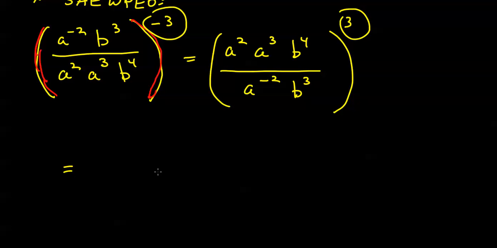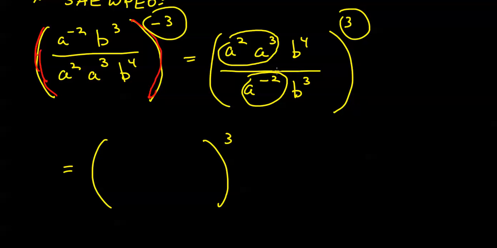Alright, let me simplify as much as I can inside my parentheses now. A squared times a cubed is a to the 5th, and of course I'm going to bring this upstairs as a squared, and that'll get me 7 factors of a in my numerator. Notice, I can similarly crunch these powers of b together. B to the fourth over b cubed. That will leave me one factor of b in my denominator.